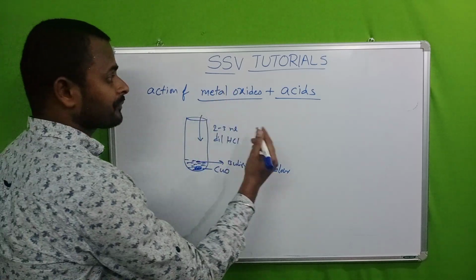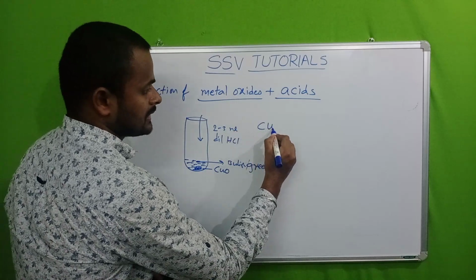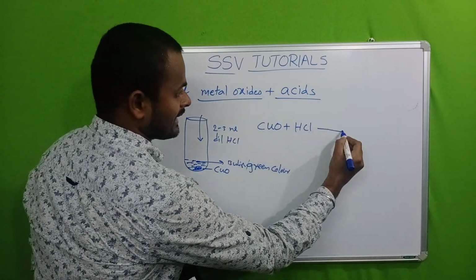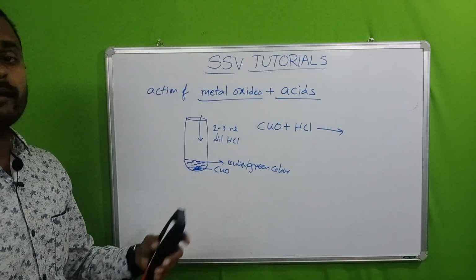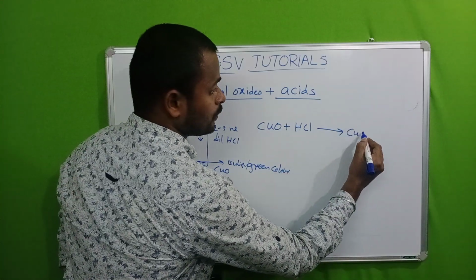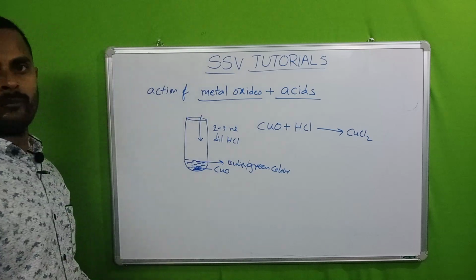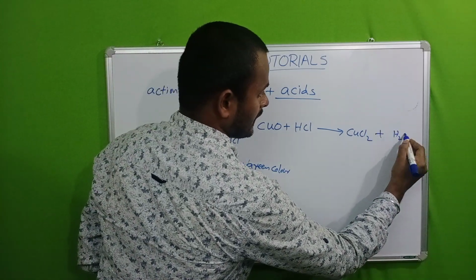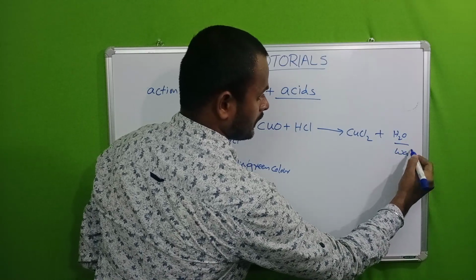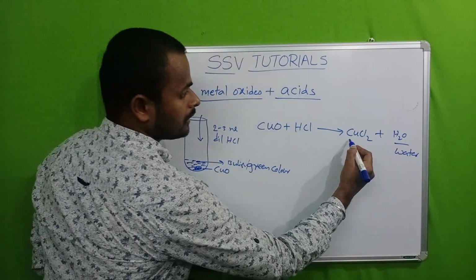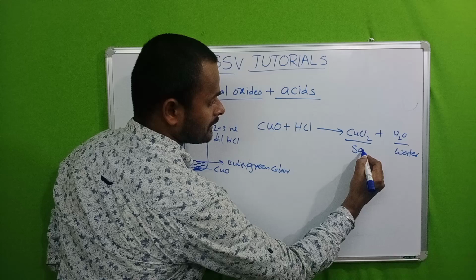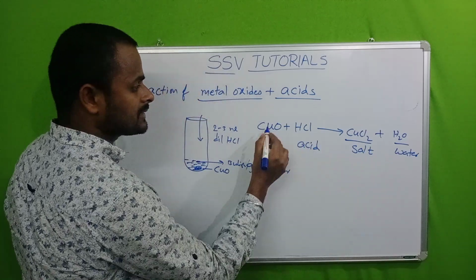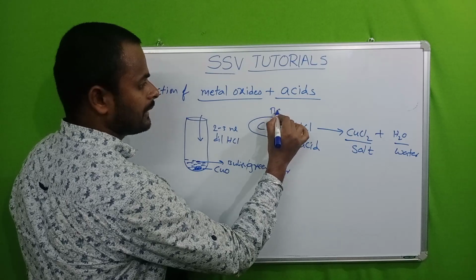When a metal oxide, CuO, reacts with an acid, hydrochloric acid HCl, what is formed? CuCl2, copper chloride, and H2O, water. Here copper chloride is salt, HCl is acid, but CuO is not a base.